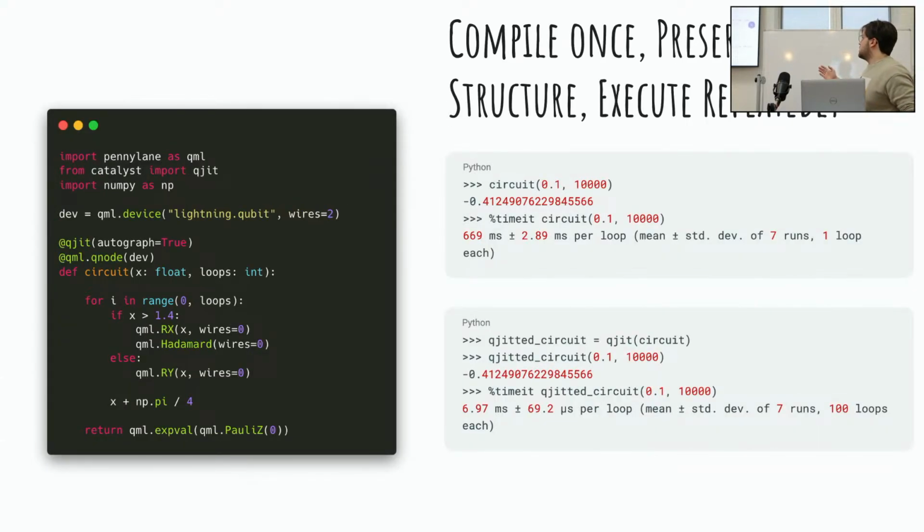So that's great, because now you compile once, and after that, all the further executions will run faster. You see on the left here the qjit decorator with autograph equal to true.